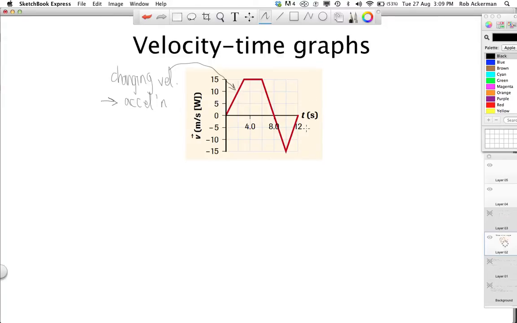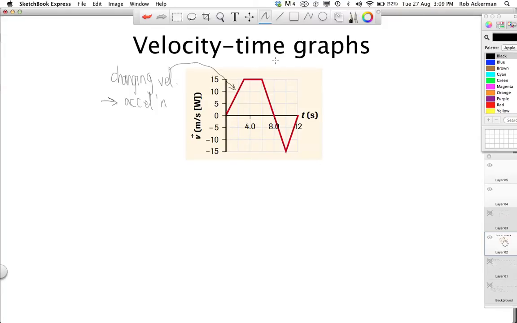Acceleration. That's the definition of acceleration, changes in velocity. So what I was saying is you'll almost always see straight lines here. We don't really do curves on VT graphs in grade 12. We leave that for university, or possibly for calculus.